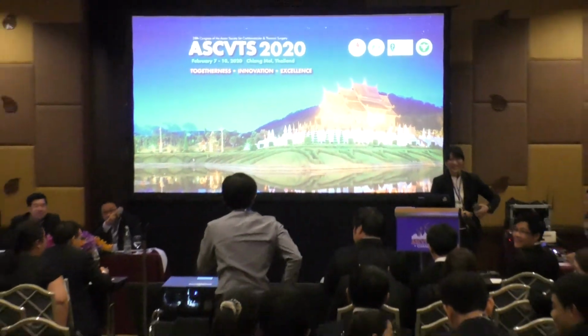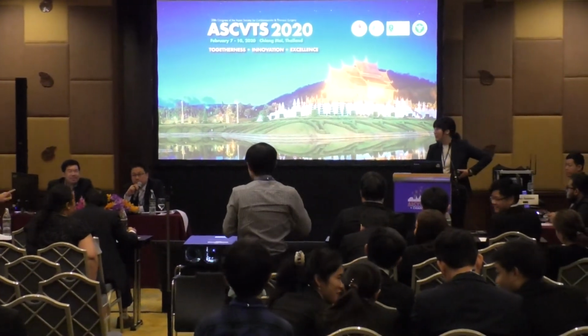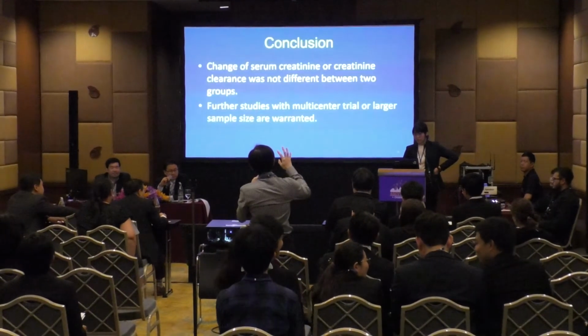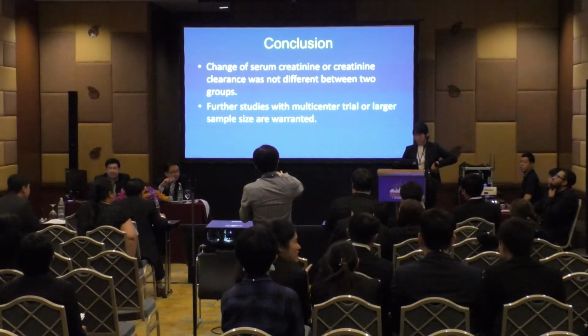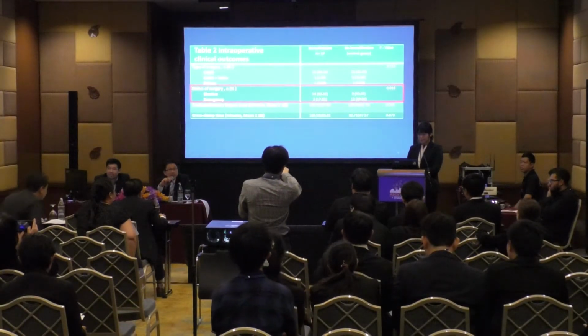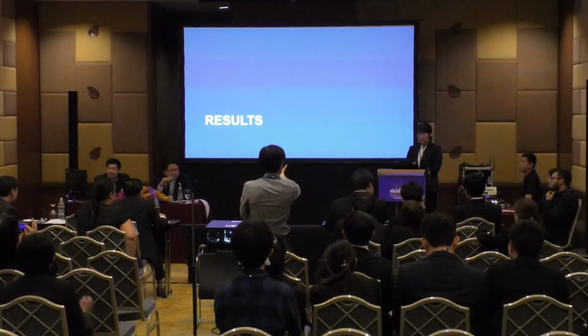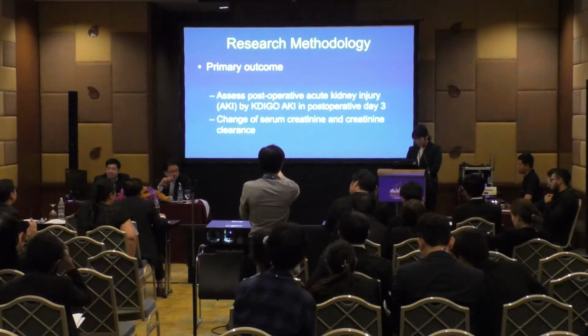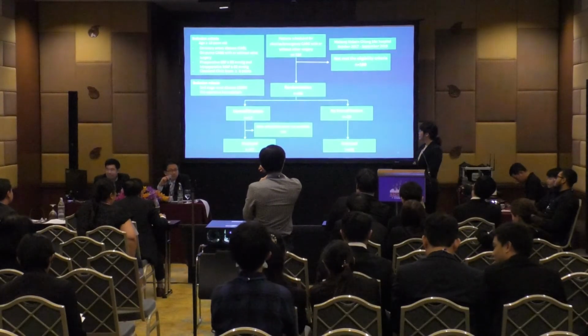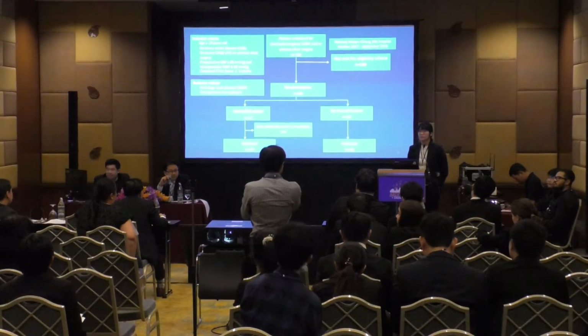I have a question first. I have a question about the conduction of your study, the diagram. You enrolled a total of 40 patients, right? Yeah. And you analyzed the patients in the left-hand group, the hemofiltration group, only 17.